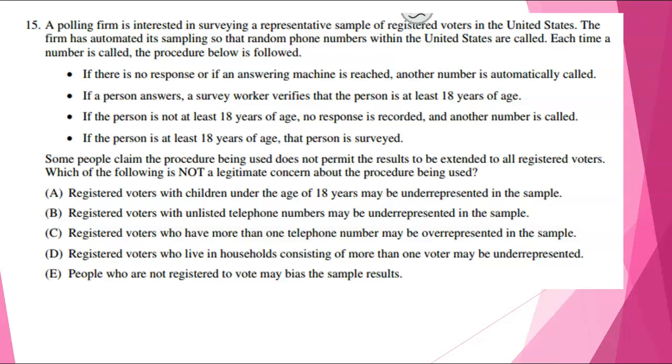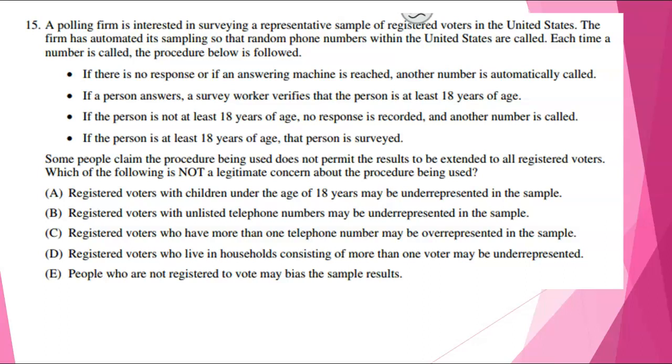For B, registered voters with unlisted telephone numbers may be underrepresented in this sample. Now, normally this would be a concern, but this question specifically said that they're sampling random phone numbers. So they're not saying that they're pulling it out of a listing, or out of a phone book or anything like that.